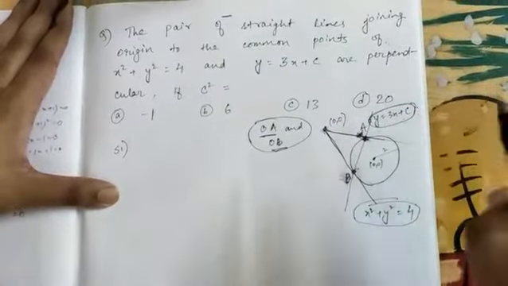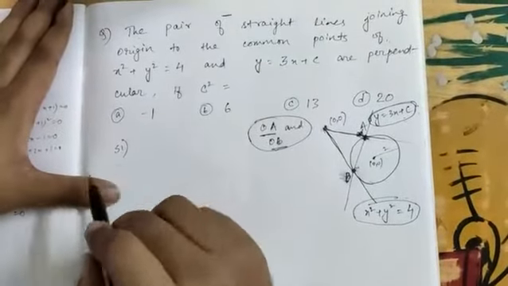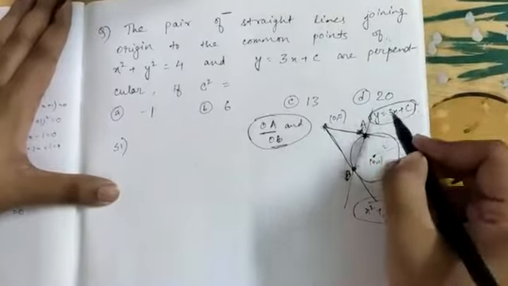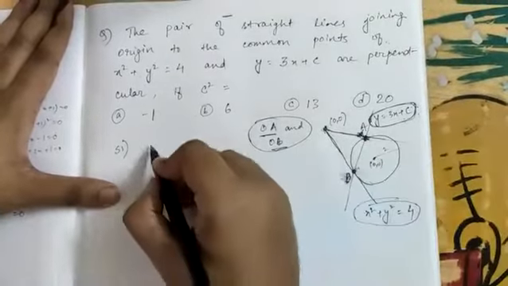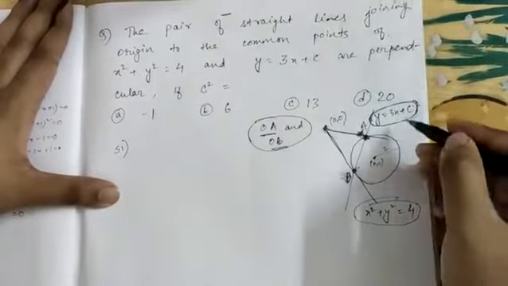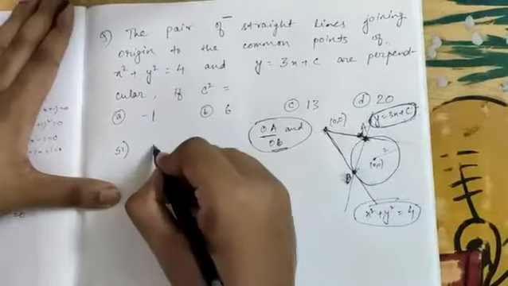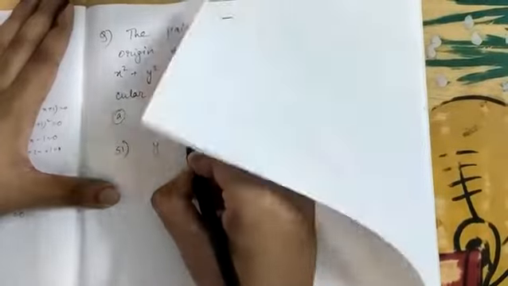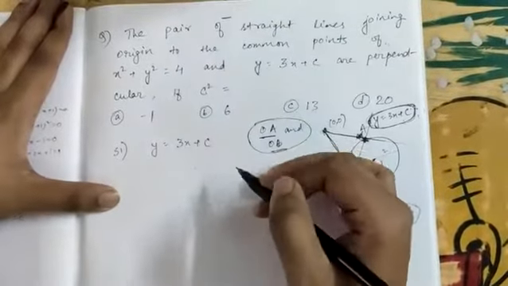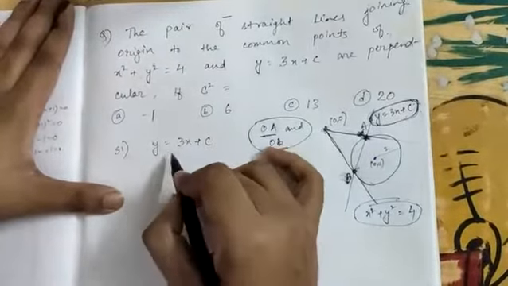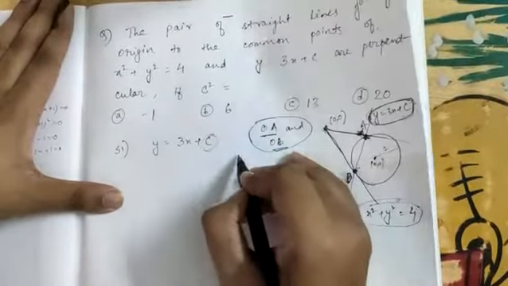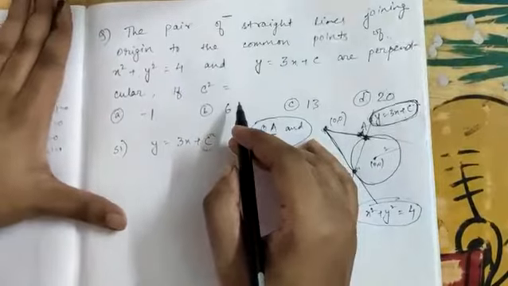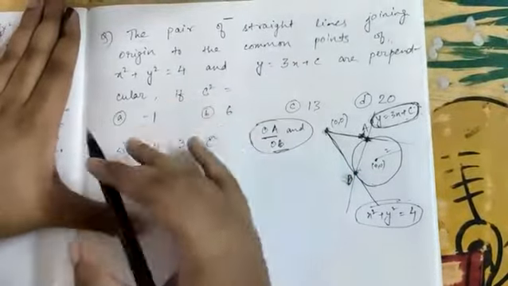Okay, so there are some steps. In step 1, I will take the easier equation of the curve. From these two I can find that this is my easier one, y equal to 3x plus c. So step 1 says keep the constant term on your right hand side and transfer all other terms to your left hand side.